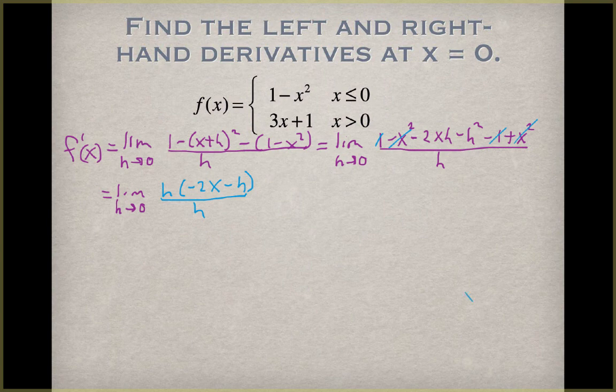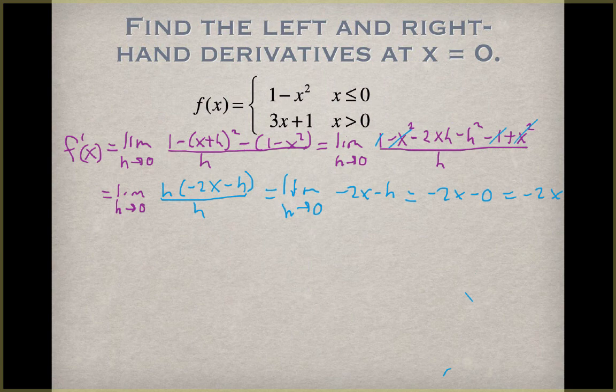which becomes the limit as h approaches 0 of negative 2x minus h. We can now plug in 0 for h without causing problems, and we get negative 2x minus 0. So this is negative 2x.